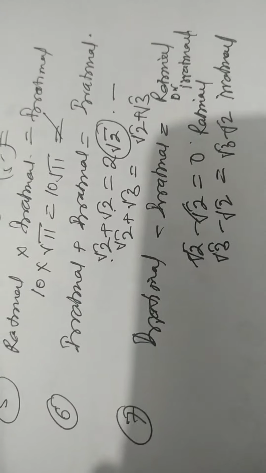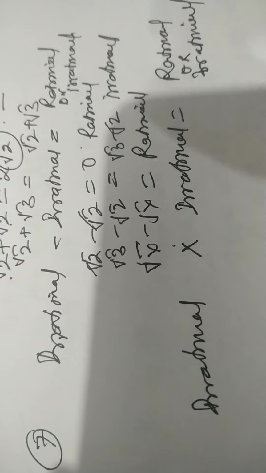Under root 3 minus under root 2: if two different irrational numbers are subtracted, then the answer remains irrational. But if two same irrational numbers are subtracted, then the answer is always rational, right? That means under root x minus under root x is equal to rational, where x is not a perfect square.